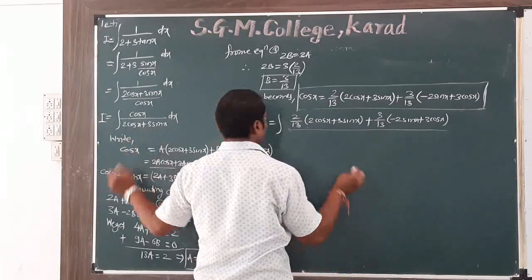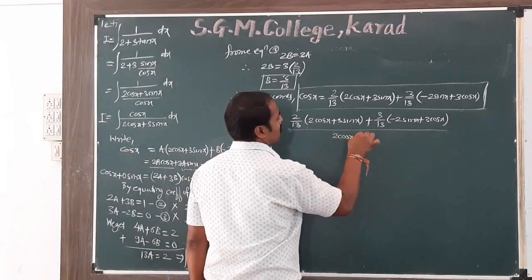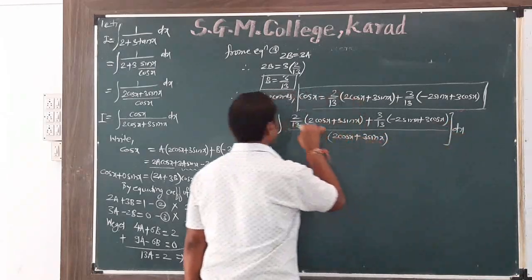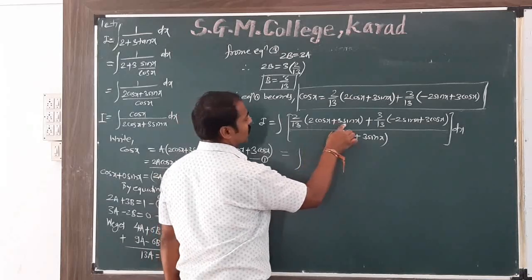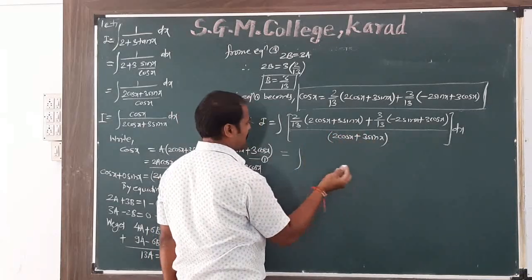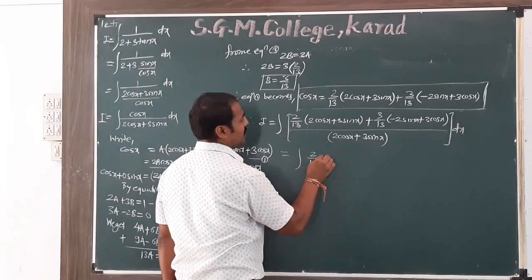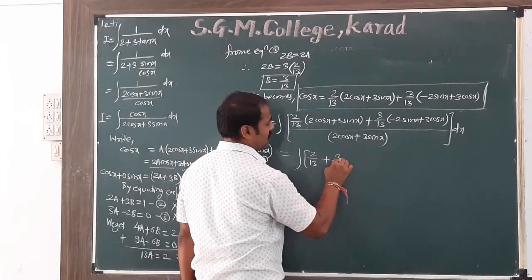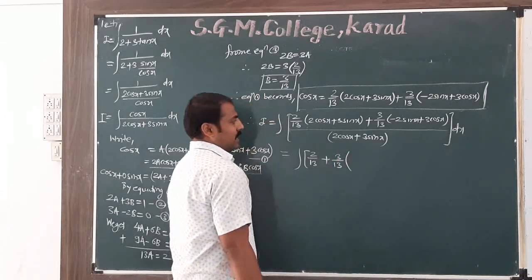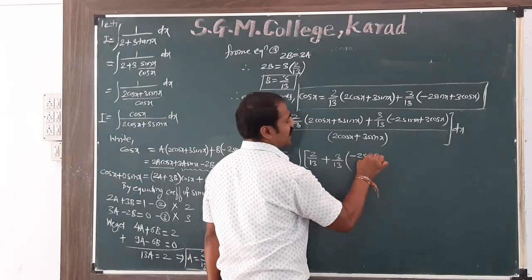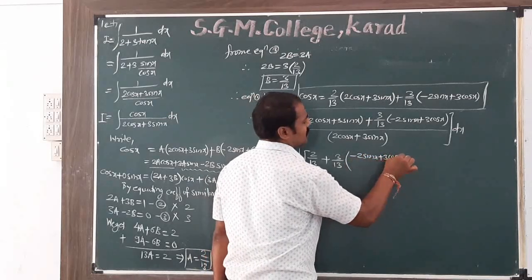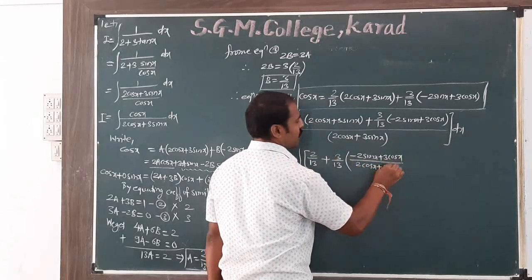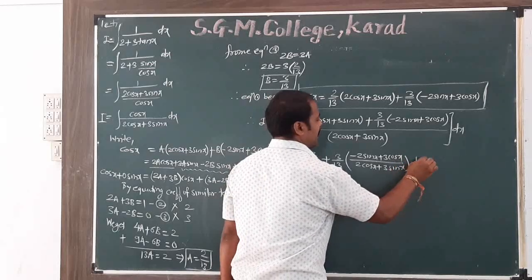What is the denominator? 2 cos x plus 3 sin x dx. On separating the denominator, 2 cos x plus 3 sin x and 2 cos x plus 3 sin x get cancelled. It's 2 divided by 13 plus 3 divided by 13 into the numerator, which contains minus 2 sin x plus 3 cos x, after separating, the denominator is 2 cos x plus 3 sin x dx.